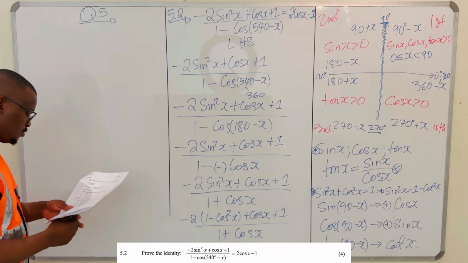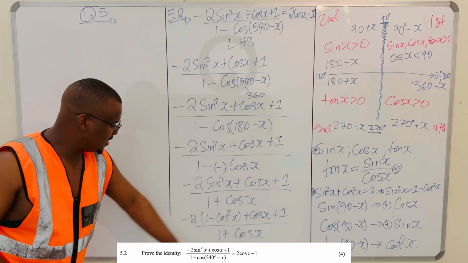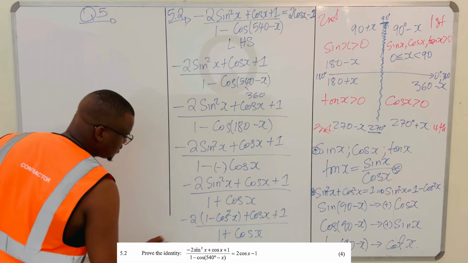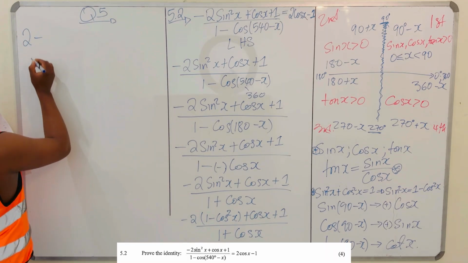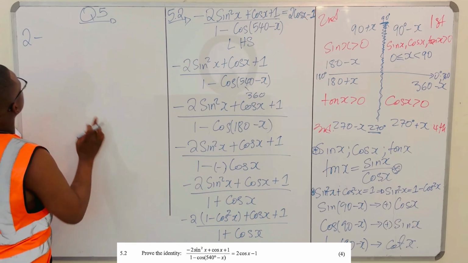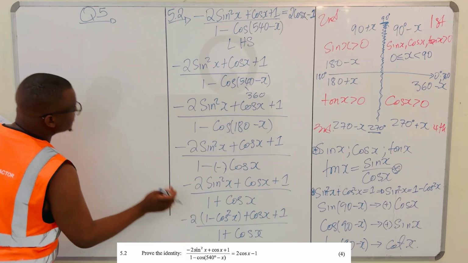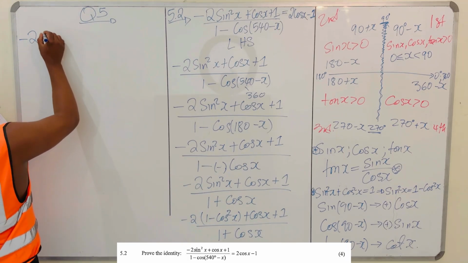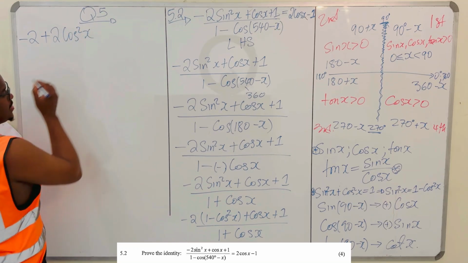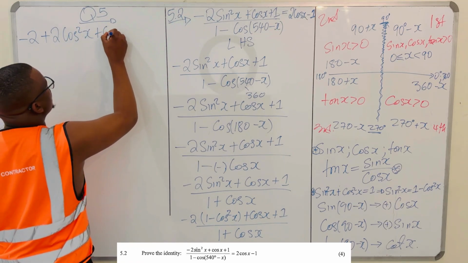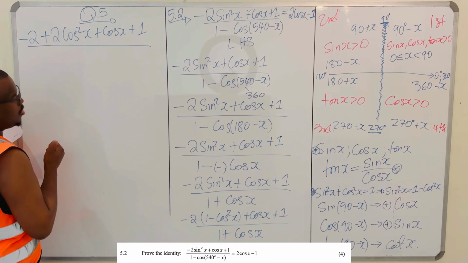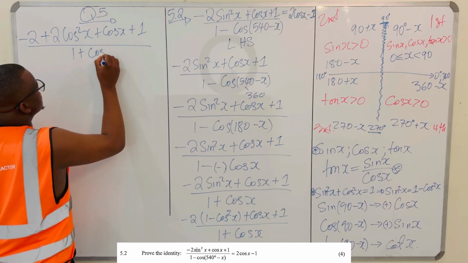No problem. Now we simplify this. Negative 2 times 1, and negative 2 times negative cos squared x gives plus 2 cos squared x, plus cos x plus 1, all divided by 1 plus cos x.